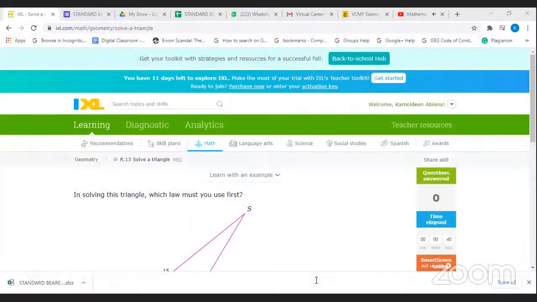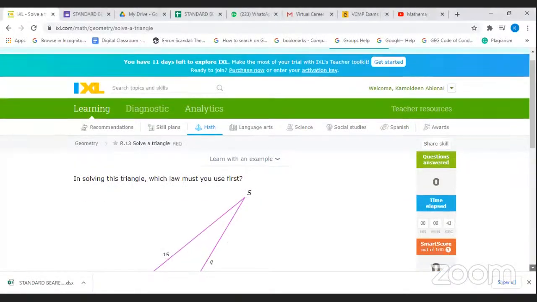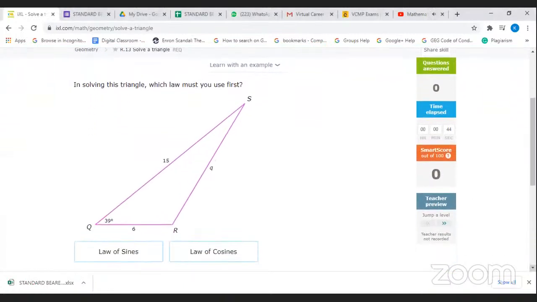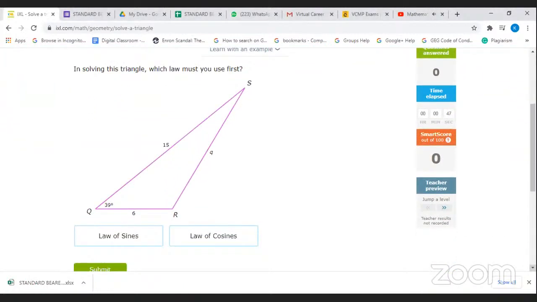So I will share my screen now so that you can see what I'm trying to do there. Okay, so you can see my screen now. You can take your device to the horizontal form.